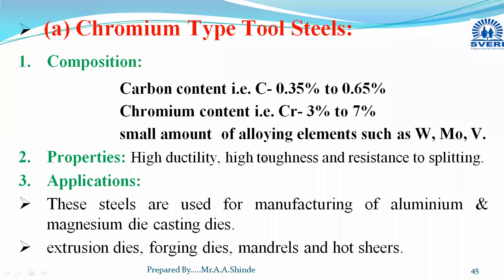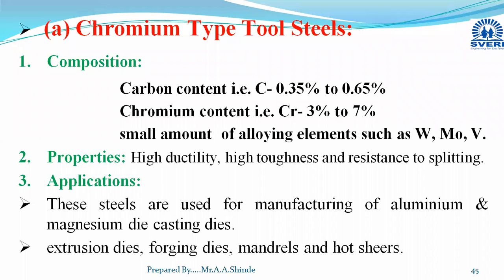Then related to their characteristics or properties, okay, these steels will show you high ductility and high toughness, and due to the presence of chromium as the principal alloying element, they will provide you very good resistance to splitting. Okay, resistance to splitting is nothing but resistance to tearing. Due to application of some load, metal may get removed from your workpiece.